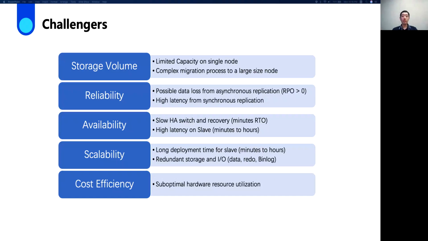A large size machine is generally configured with much higher-end CPU resources. This means the customer has to pay more for unused CPU most of the time, which is not cost efficient for the customers on the cloud.